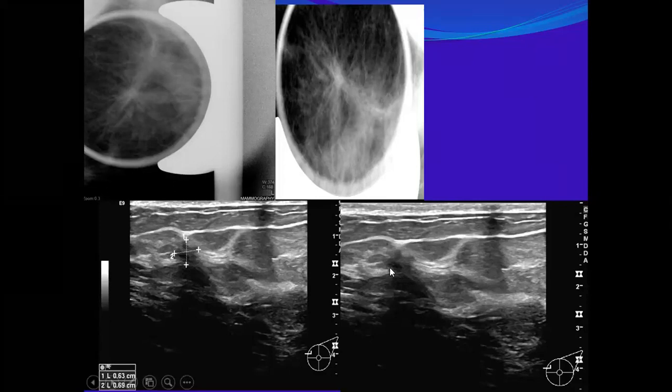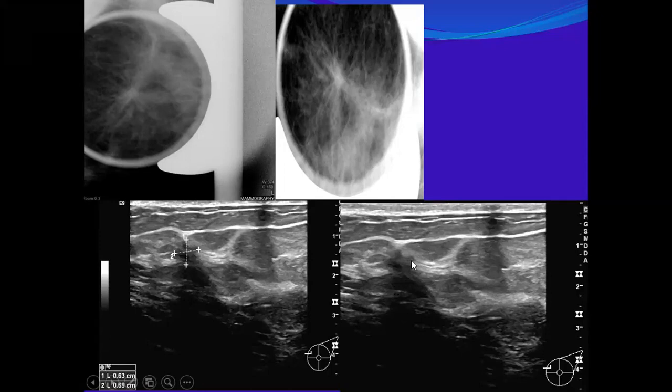On mammography, it is suspicious as a mass on the spot magnification only, not on the standard view. Here the center, look at the center, Abir. Look at these spicules, and the center is dense. So this is a spiculated mass. And if you look at the ultrasound, there is a cutting sign. Do you remember the cutting sign?